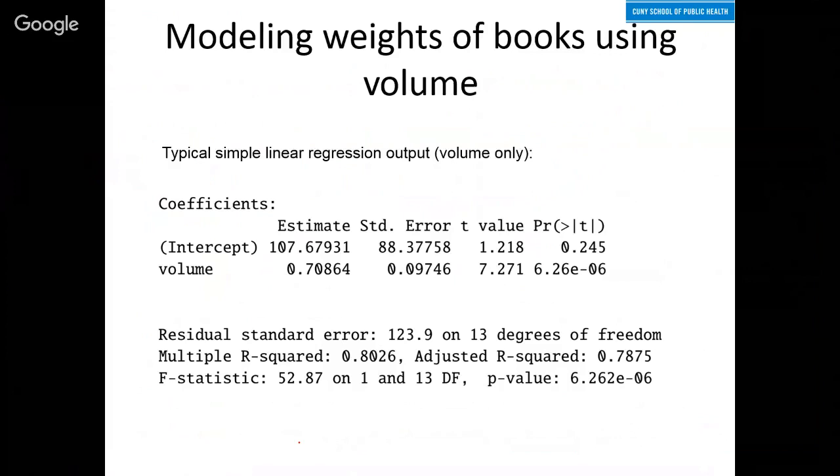This is just your regression table output. This is what I did in R. You get something very similar looking in SPSS. There is your slope of 0.7 and your intercept of 107, with additional columns for your standard error, a t-value, and a p-value from the t distribution.